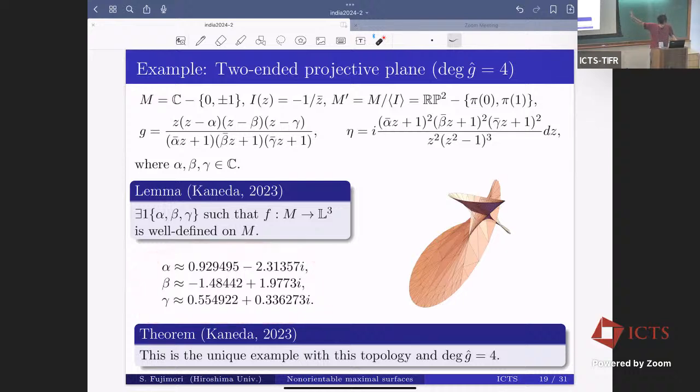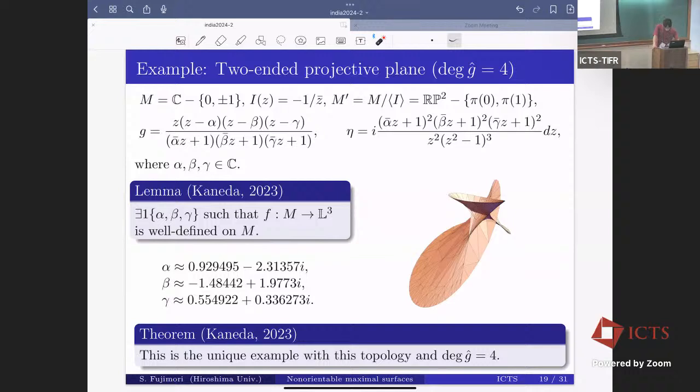But this is a solution of some complicated polynomial of degree 24 or something like that. So very long polynomials. We first found 8 examples, but finally, by using the symmetry of the surface, we reduce these, since surfaces are congruent, and so on. So finally, we can say that this is unique.